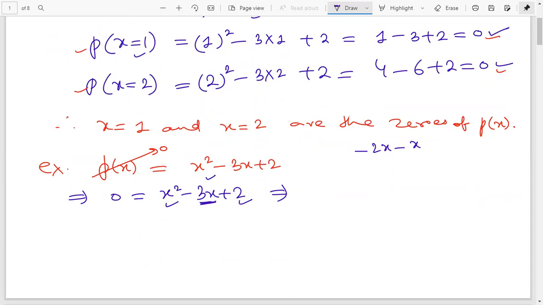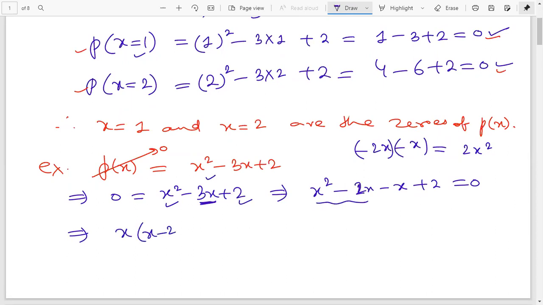And minus 2x into minus x gives 2x square, so both criteria are satisfied. So we write x square minus 2x minus x plus 2 equal to 0. In the first two terms we can take x common: x into x minus 2.